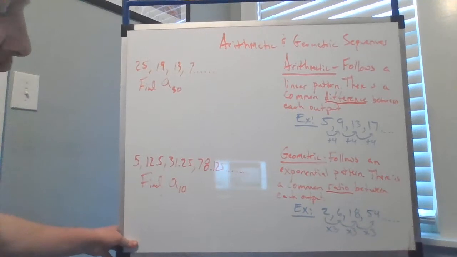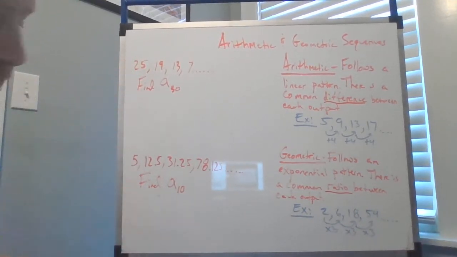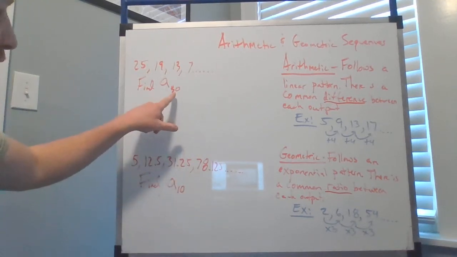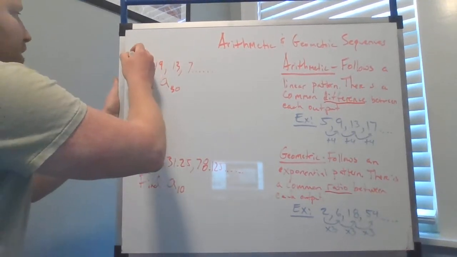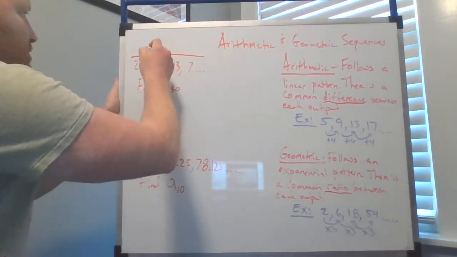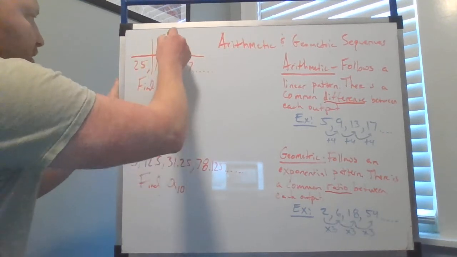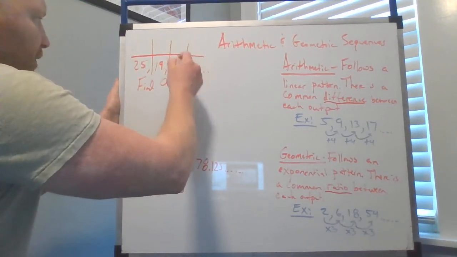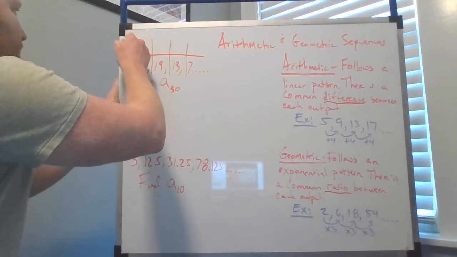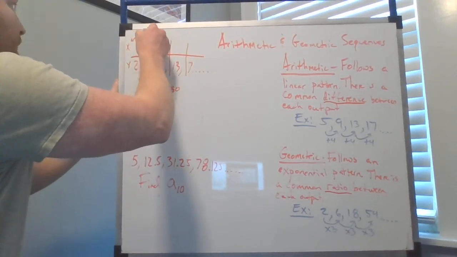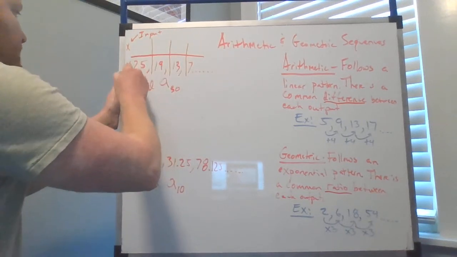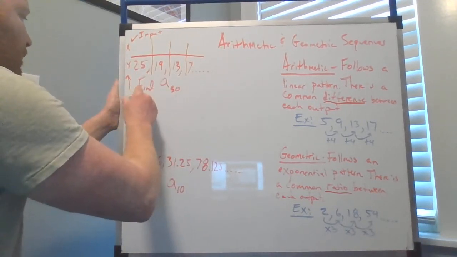Now, for formalities, I got some examples right here of each, and it'll be pretty basic. I got to find a of 30, so that means I got to find the 30th output. Some language I want you to become familiar with: we got our table, and this is always my x, this is my y, but this is also called my input, and this is called my output.